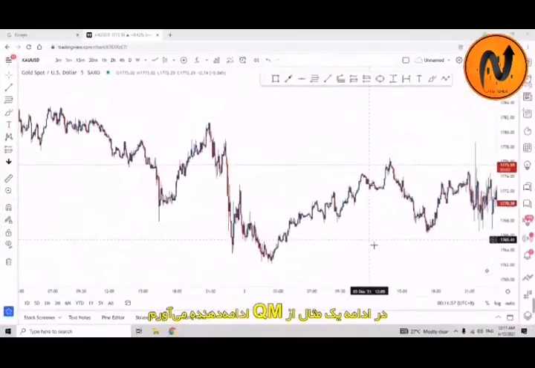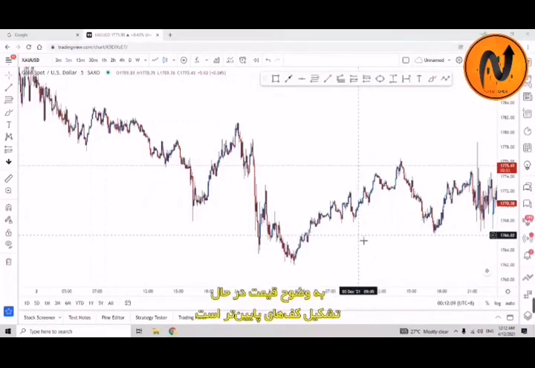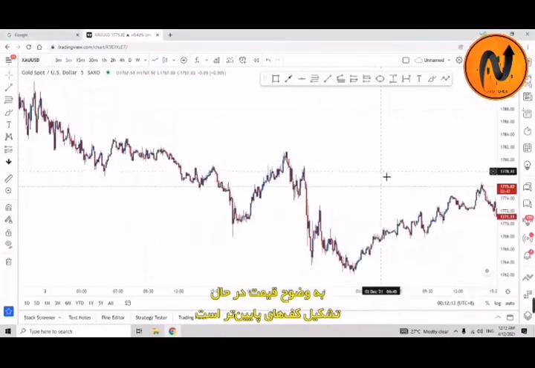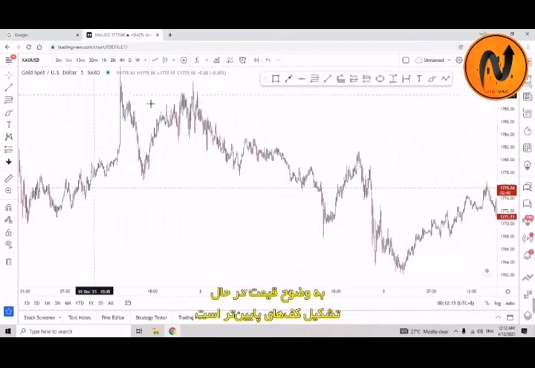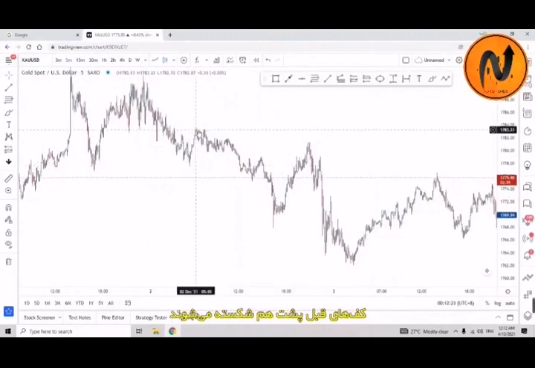Right, next I'm going to show you what is a QML trend continuation, and of course combination with late retest. Right, QML late retest. So very simple. If you look at the trend of this gold USD right here, the overall trend is breaking lower high, lower low.